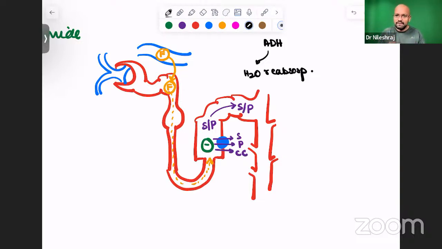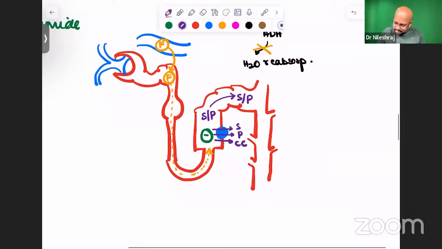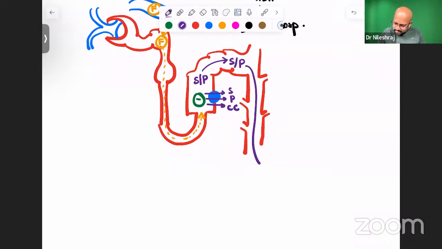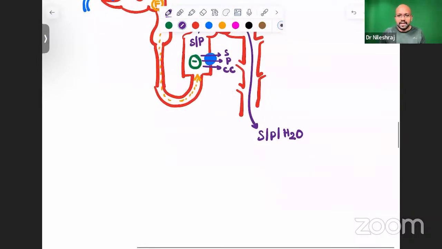To prevent the urine from becoming concentrated enough, this ADH secretion will be inhibited. ADH secretion will not happen, and the receptors present on the distal convoluted tubule will not be activated. So what happens? Along with sodium and potassium, water also will be let out from the body.